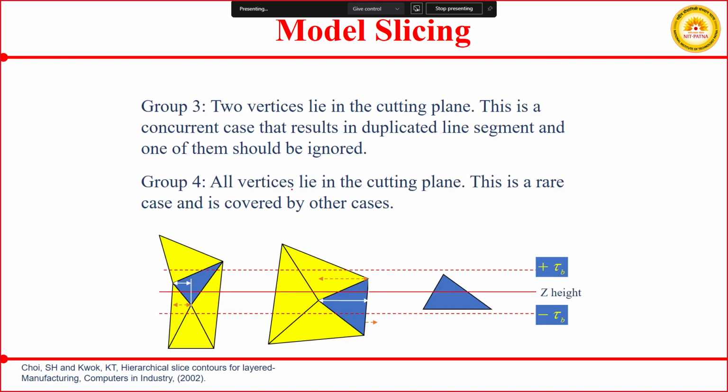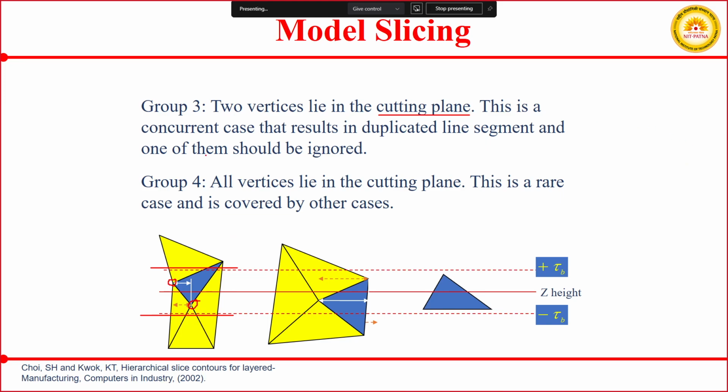Then there is the third case, that is, two vertexes lie in the cutting plane or your tolerance zone. Suppose this is the case. Here, one vertex is there, and two vertexes there.